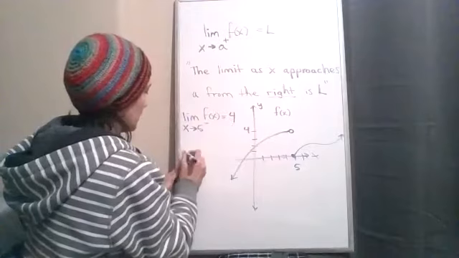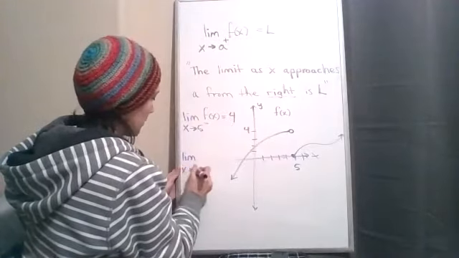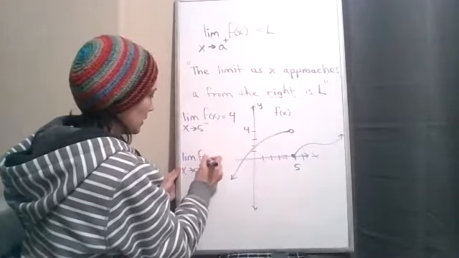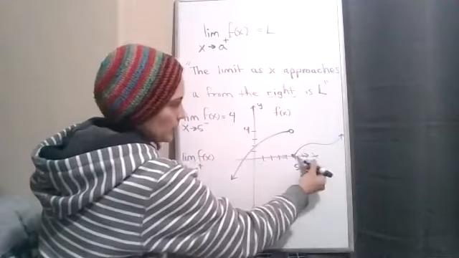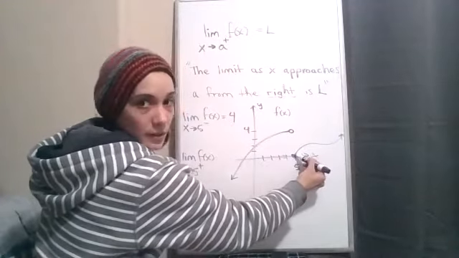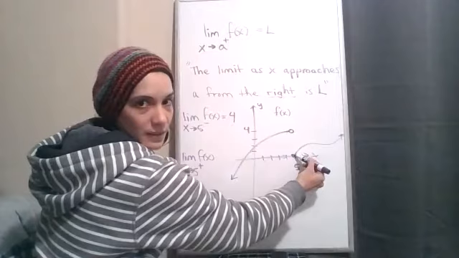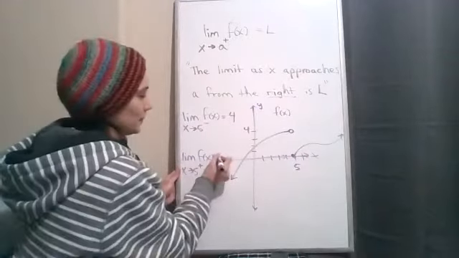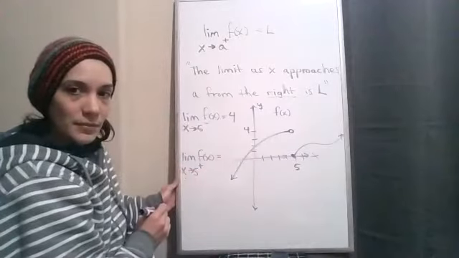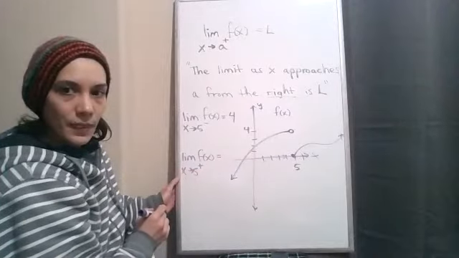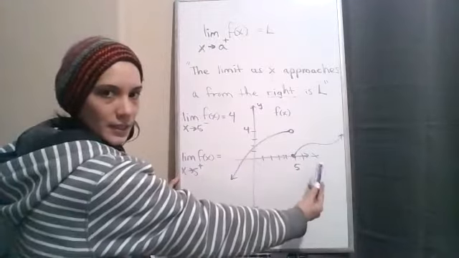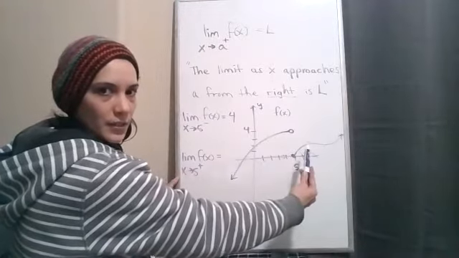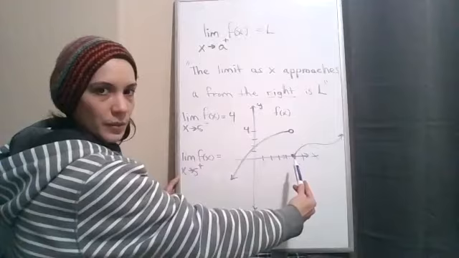Now the limit as x goes to 5 from the right side. Inputs are coming this way, outputs are going to what? Anybody? Follow your function and you're going down, down, down to 0.